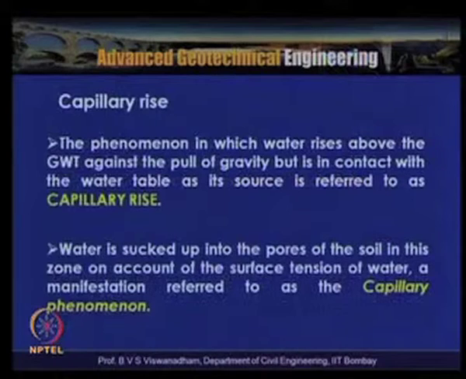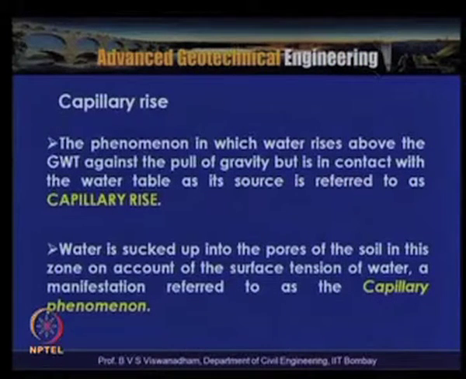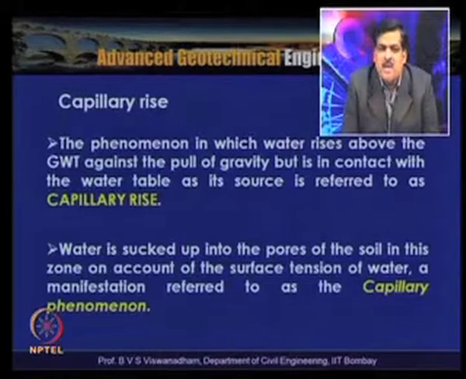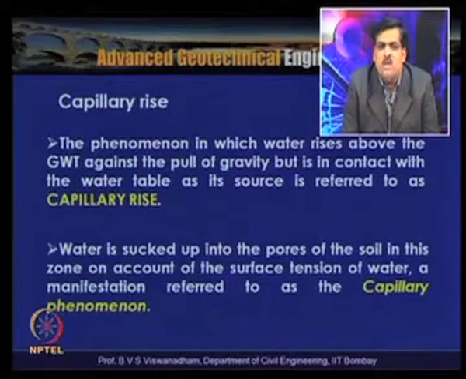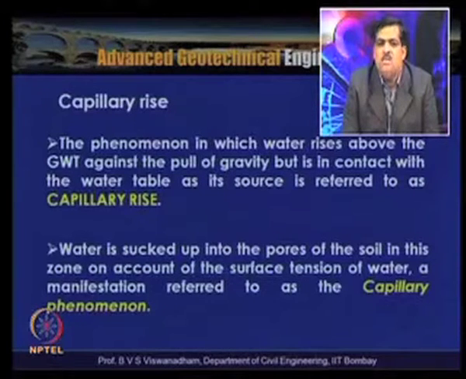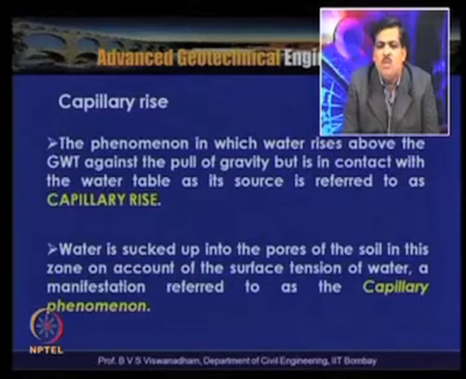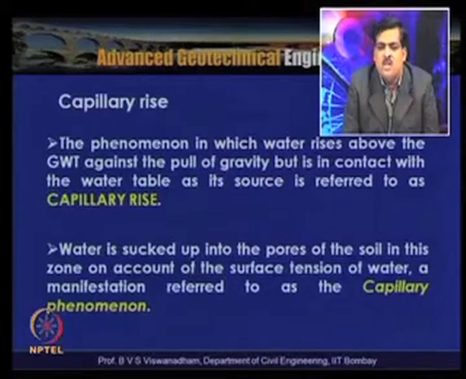The capillarity phenomenon causes a few issues. One is capillary rise, the rise of water above the groundwater table. Then there is the rate of rise of water, the capillarity time, and the velocity with which it rises, called capillary velocity. The phenomenon in which water rises above the groundwater table against the pull of gravity, while in contact with the water table as its source, is referred to as capillary rise.